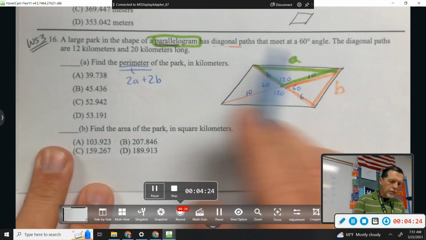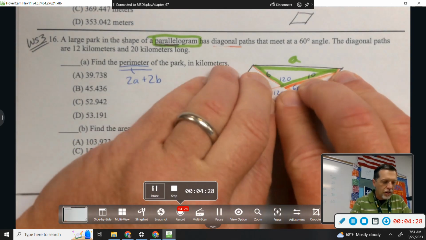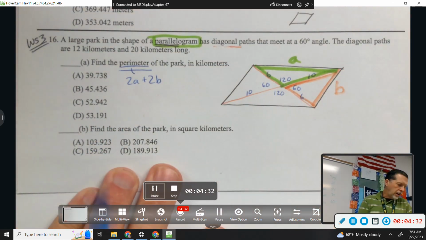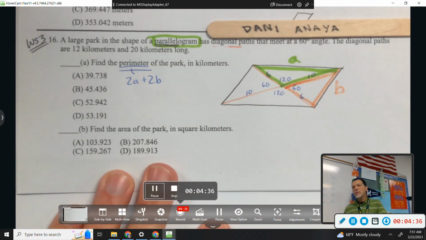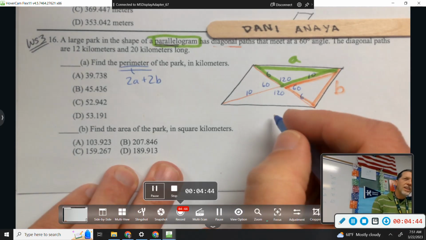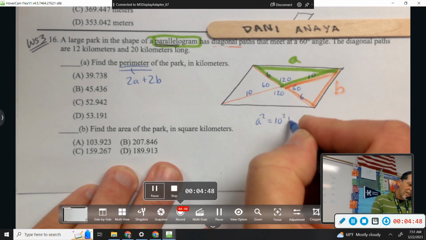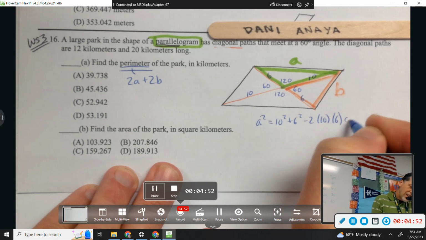All right, well now we sort of turned this from a parallelogram problem into a triangle problem. So we can ignore everything but that green triangle. And I need to find A. Danny, what should I use to find A? X squared equals... 10 squared plus 6 squared minus 2 times 6 cosine of 4.